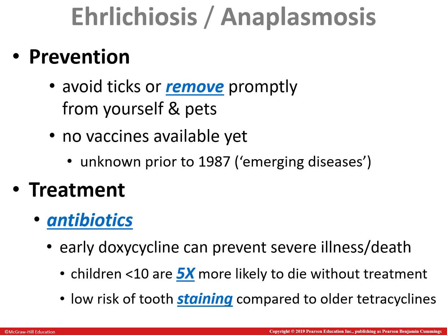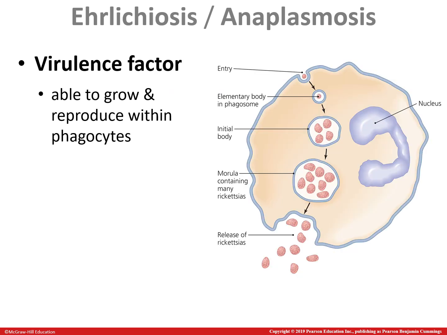And because children under the age of 10 have a much higher fatality rate, it's really important that they don't withhold that treatment. And so the newer tetracyclines, like doxycycline, don't have near the risk of tooth staining as the older class of those drugs, and so it should not be withheld because it can be a dangerous infection for very young patients.